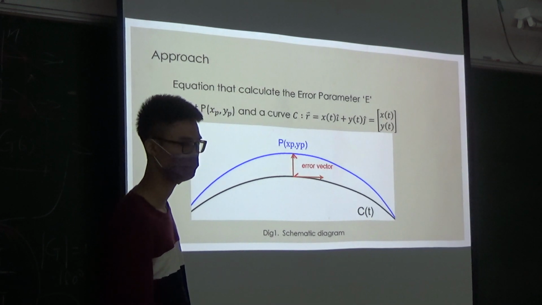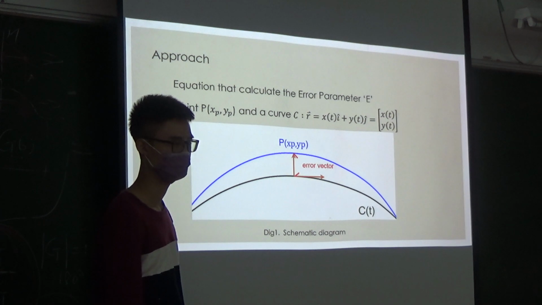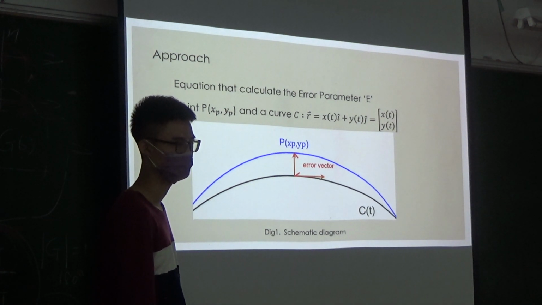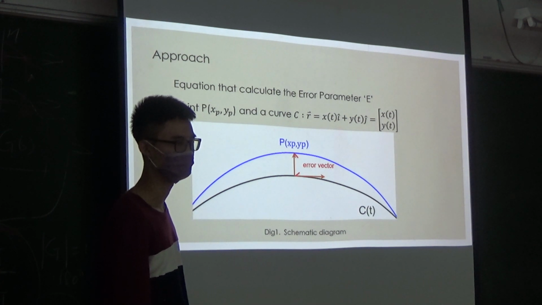So you mean the blue line is the one we want, and you want to design a NURBS to fit the blue line.